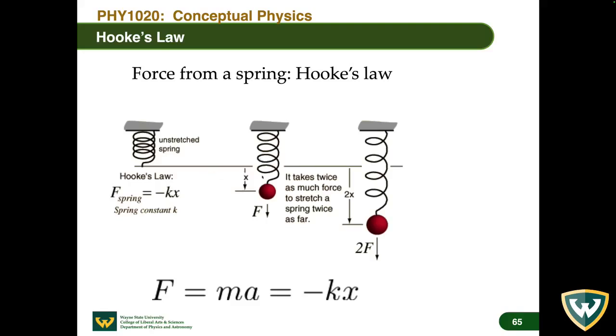Now, of course, as the spring pulls up on the ball, the ball will go up. It won't stop, and it will go past its position of equilibrium. And now X will be on the other side, and now the spring will be compressed, and the force now will be in the other direction. So that's why there's a minus here.